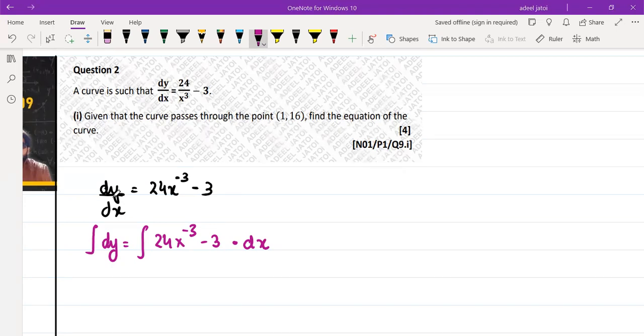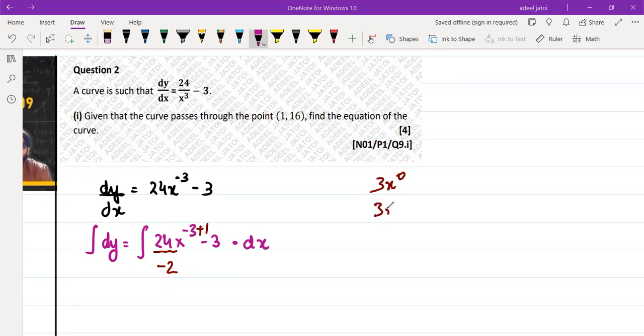And how are we going to integrate? You need to understand that this minus 3 will have plus 1. Minus 3 plus 1 will be minus 2. So the new power will be divided. Since we have 3, it should be 3x to the power 0, because a constant is the coefficient of x to the power 0.